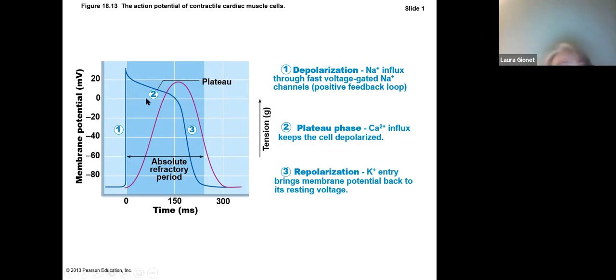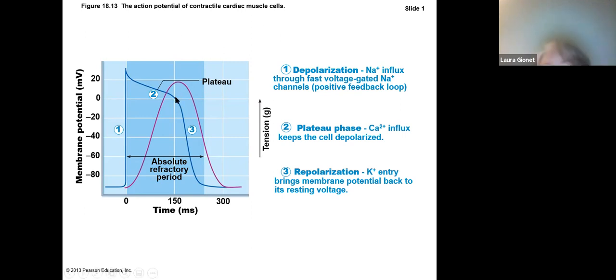So as you can see by this line, it slopes downward, but not as rapidly as you would in skeletal muscle during the repolarization phase. So as potassium gates open and calcium gates enter, we have a plateau effect of the voltage across the membrane, until finally the calcium gate closes.